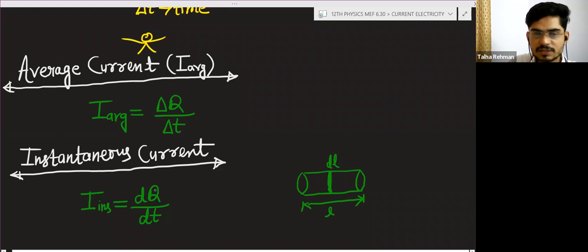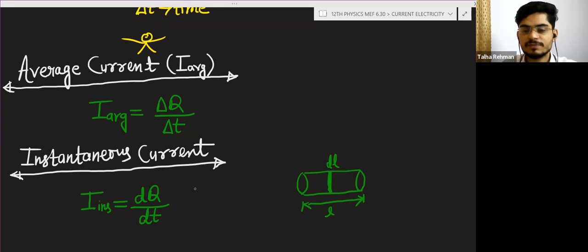Here the charge is very small because the time is very small. So this is the instantaneous current. Instantaneous current means current at a point of time. Average current means when someone is asking you the value of current for a definite period of time.